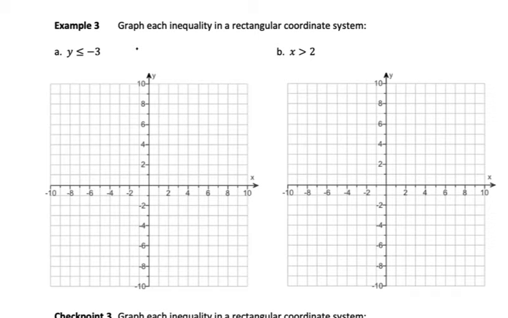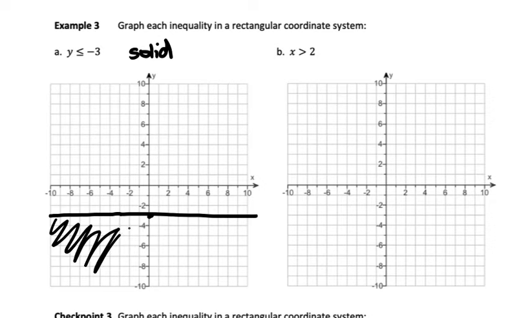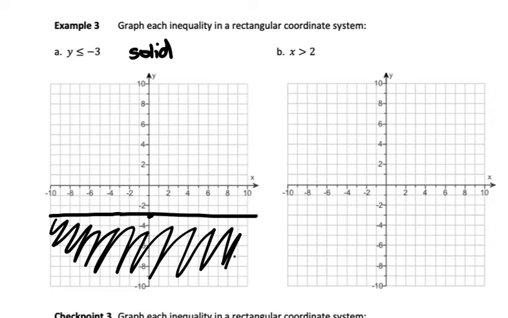So again, I need to remember to check if it's going to be solid or dotted. This one's going to be solid. So I'm going to put a mark on -3 on the y-axis, and then draw a solid line through that point. And since it's less than -3, numbers less than -3 are going to be below. So my shading is going to be below the line.